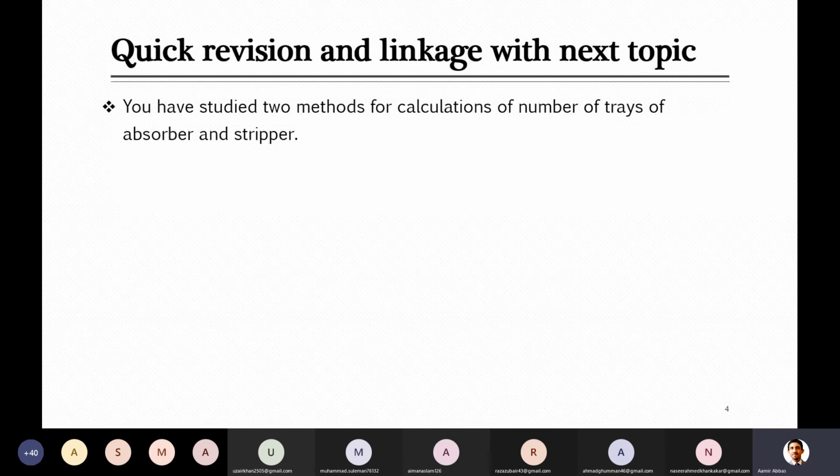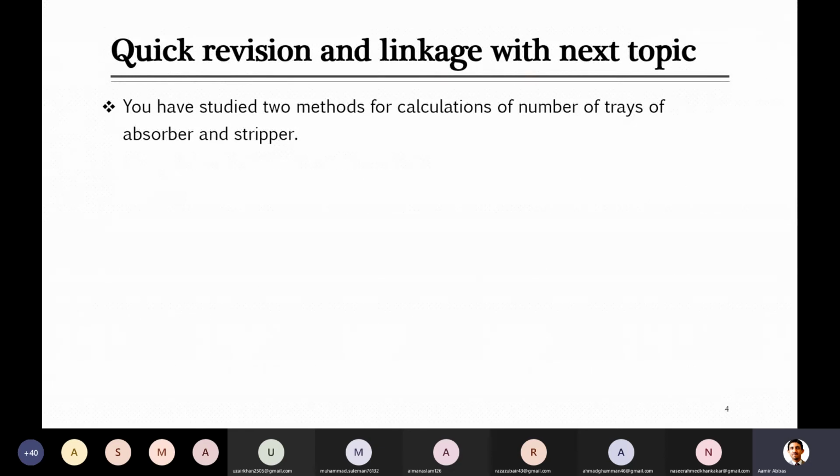Before I start the next topic, a quick revision to link it with the next topics, the things which we have discussed so far related to absorption. After general discussion about absorption, what absorption is, what parameters you have to consider when you start the design, and what factors affect the absorption, for example temperature, pressure, and the solvent which you select, we started with the calculation of number of trays.